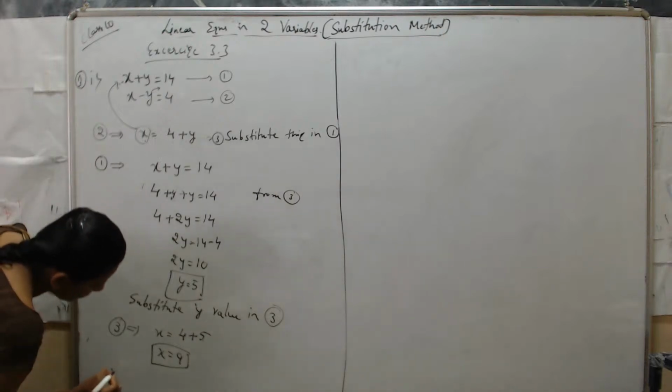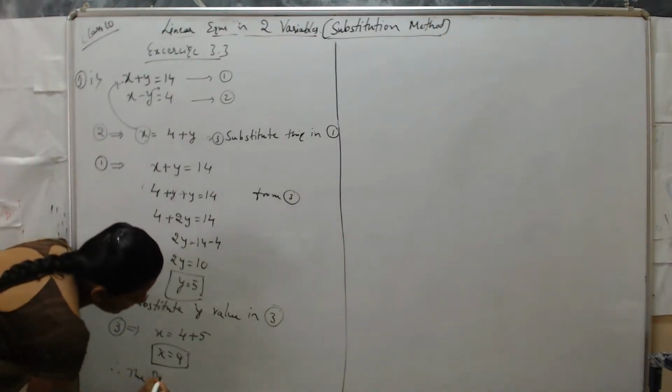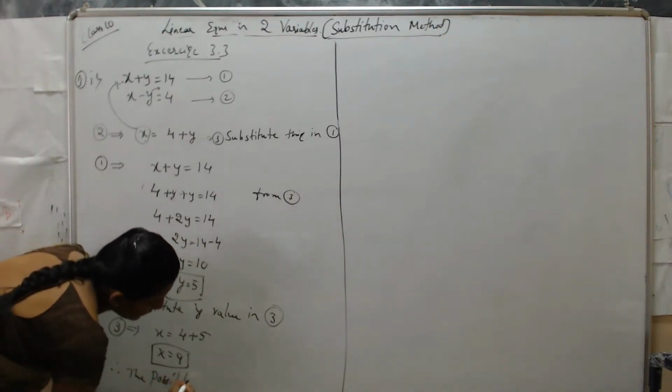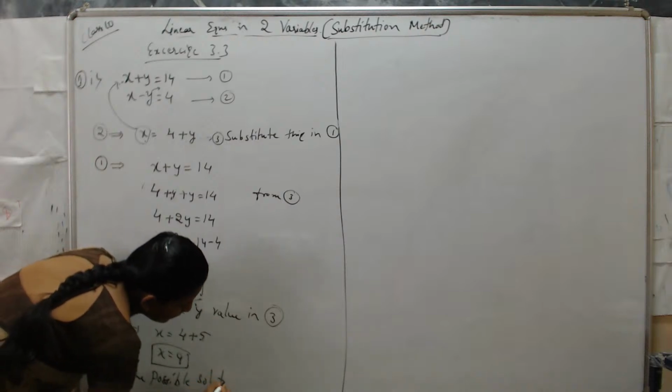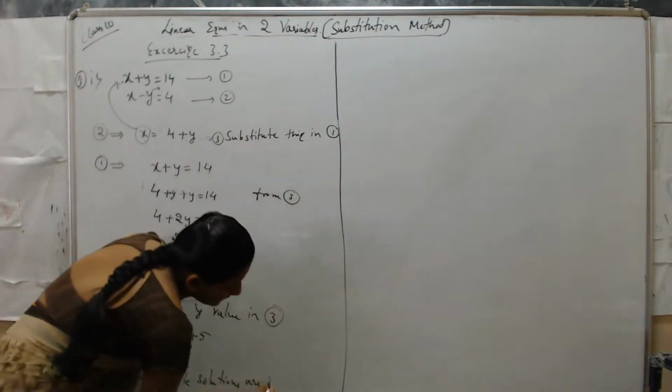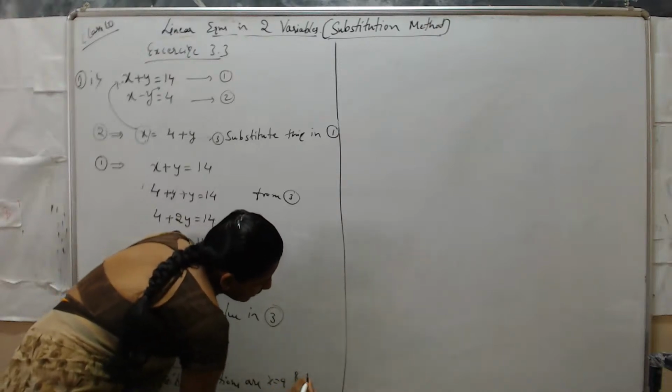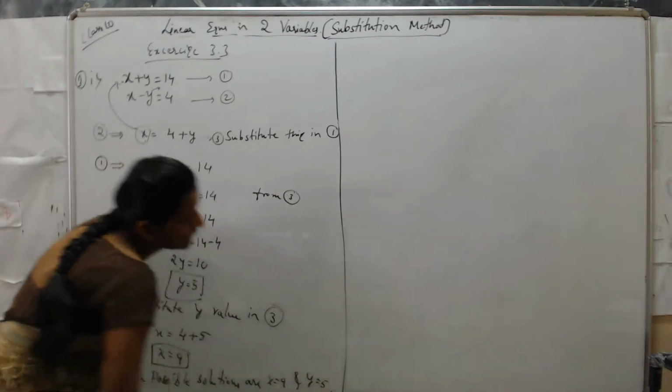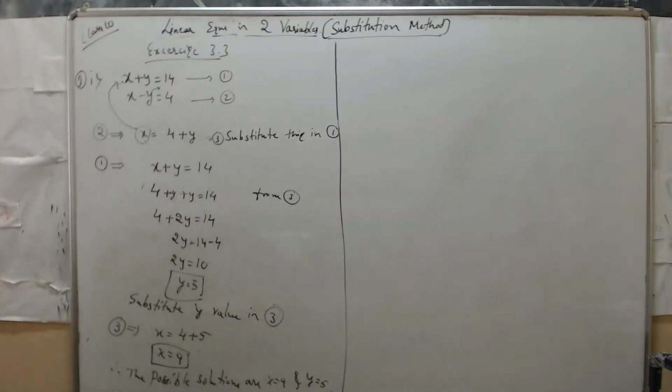Therefore, the possible solutions are x is equal to 9 and y is equal to 5. Did you get this? How many are there? 6 problems. All 6 problems in question number 1 you have to do in this same way.